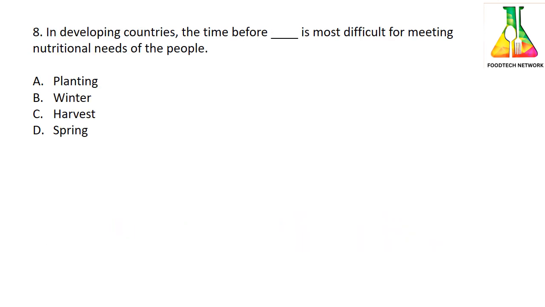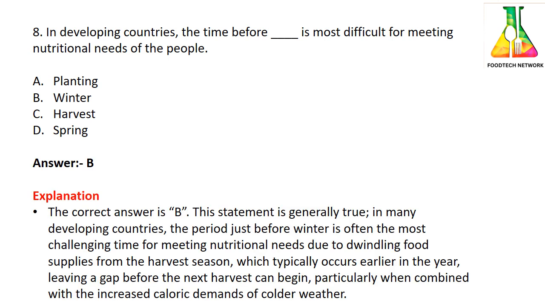Question number 8. In developing countries, the time before dash is most difficult for meeting the nutritional needs of the people. Option A planting, option B winter, option C harvest, and option D spring. Option B, that is winter. The statement is generally true.